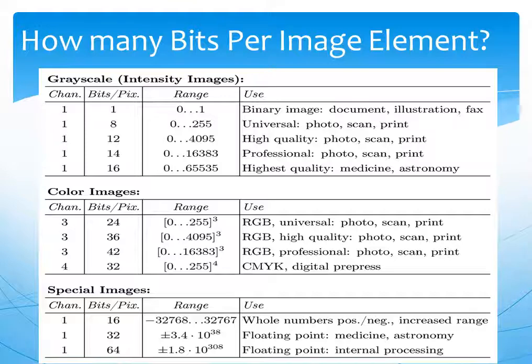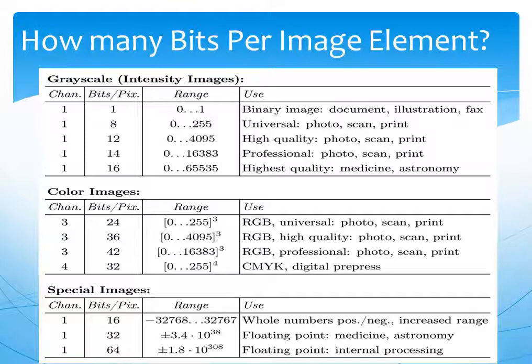Similarly, if we require RGB professional, it will require 42 bits per pixel, and for CMYK digital pre-press printing, it is 32 bits per pixel, and the range is also given here.